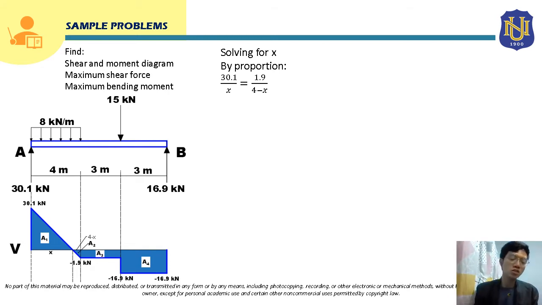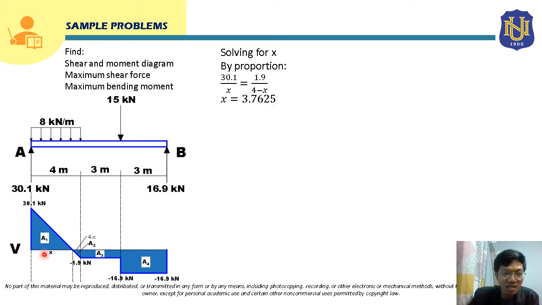If we just use shift solve here, the value of x is 3.7625. This is the distance x. It has to be logical. Since we use shift solve, you have to check if the value given by the calculator is logical.